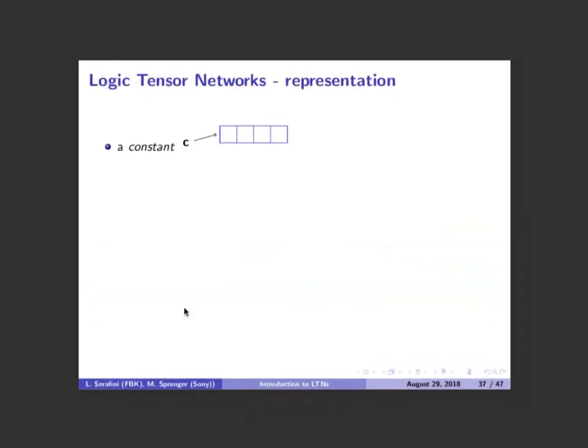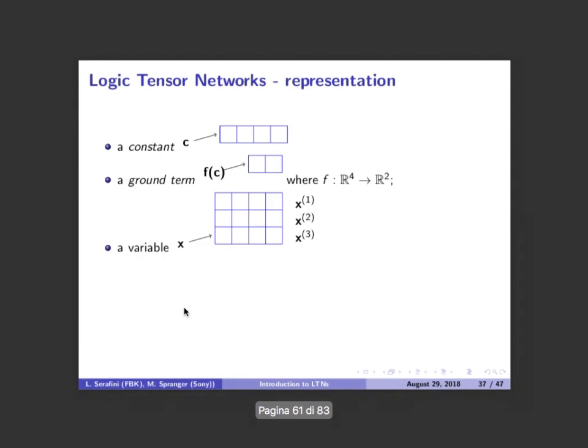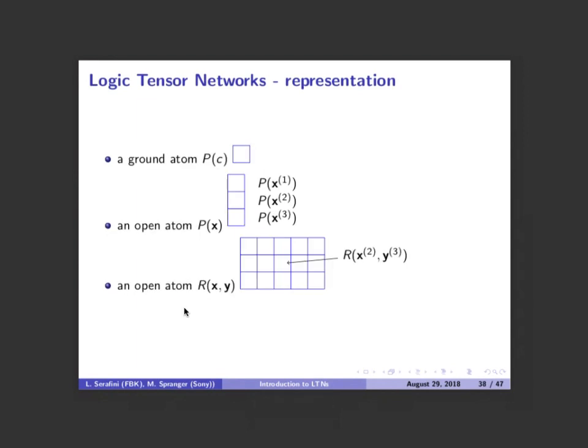So what we have so far is a constant mapped to a vector. Then we have a ground term where we also map that to a vector. We have a variable mapped in that way with its values, and a term f of x can be applied also in the standard way.